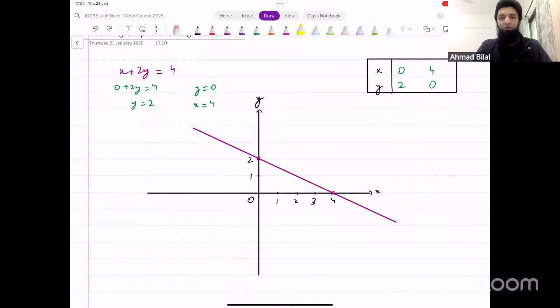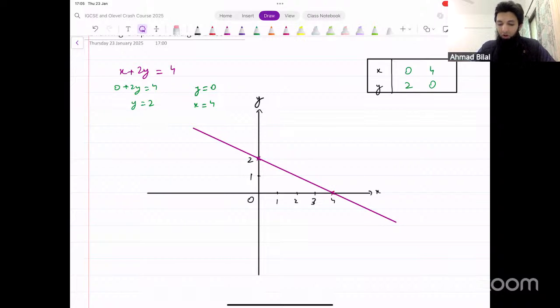Or if you don't want to take random points, another idea is that you find the x-intercept and the y-intercept. So you put x equal to 0, you'll get a corresponding value of y from that. You put y equal to 0, you'll get a corresponding value of x from that. Take those 2 points and then join them. You'll get a straight line. Now, sometimes we say that instead of taking 2 points, you can take 3 points as well, just to make sure that you are not doing any careless errors.